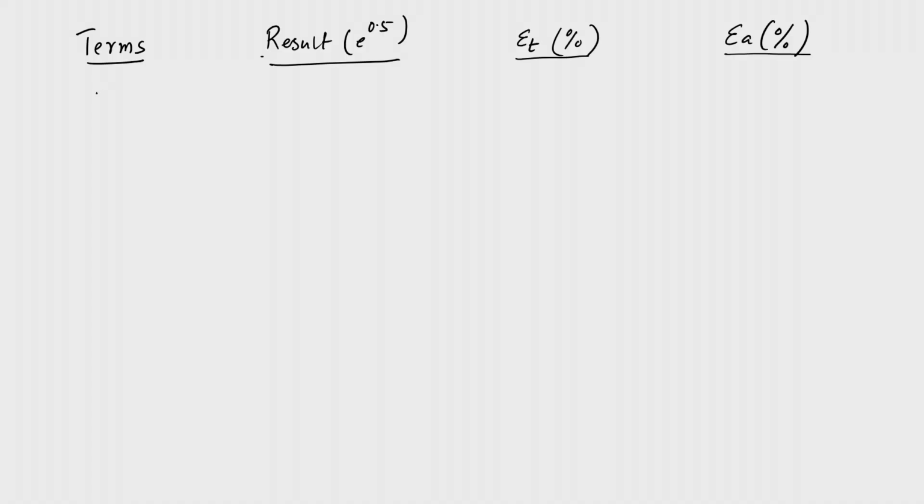All right. So, if this is equal to 1 and this is 39.3%, you can check that, which is 1.648721 minus 1 divided by 1.648721 into percent.